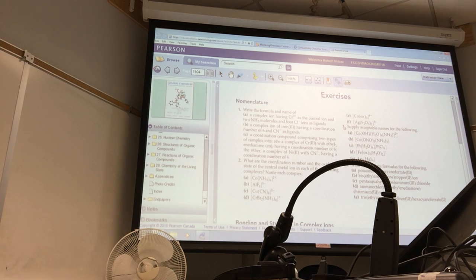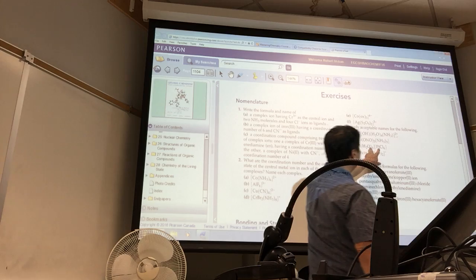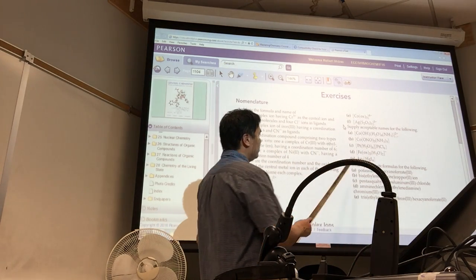So this would just be the compound name here. Ionic compound. This is held together by an ionic bond. Okay, let's go on to this one here.